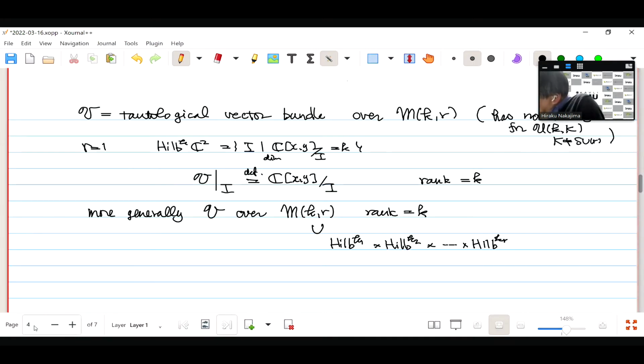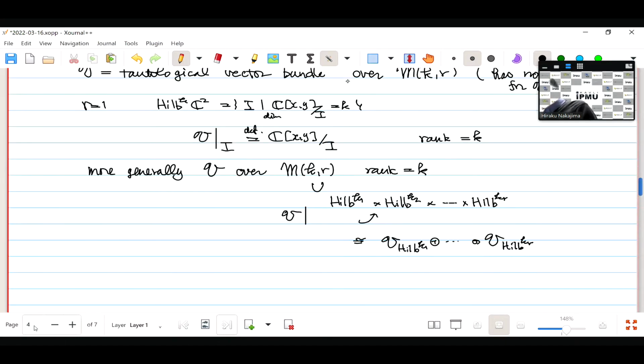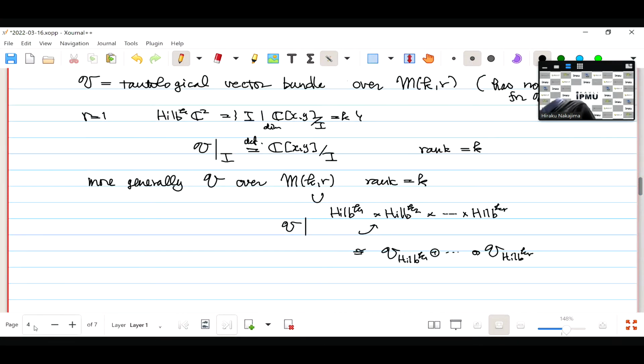If I restrict V to here, then this is isomorphic to the direct sum of the tautological bundles for the Hilbert schemes. And the sum of K1 to KR is equal to K. So in total, this vector bundle has rank K. Okay.